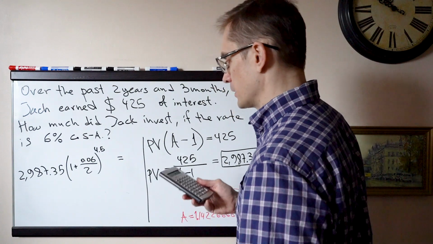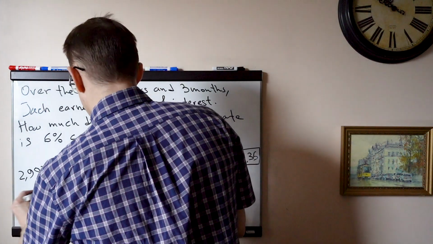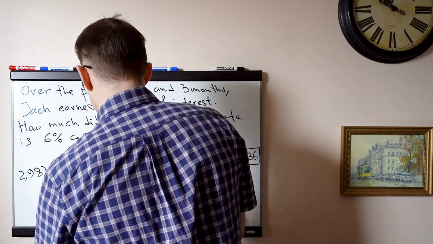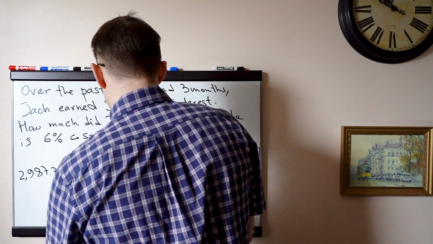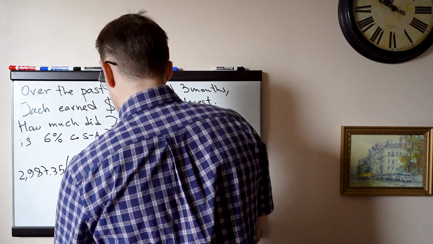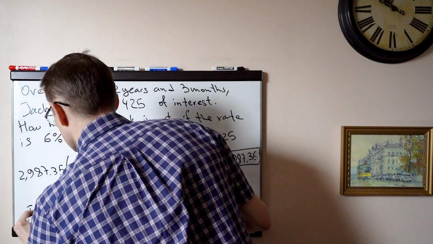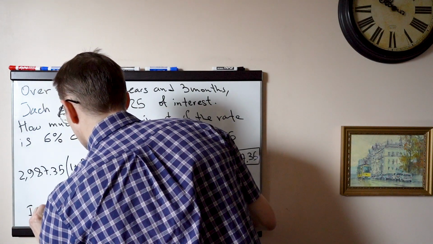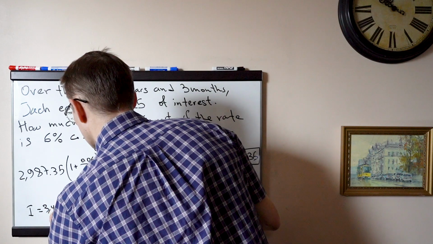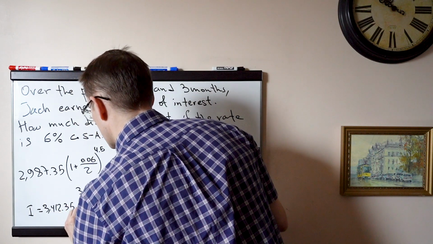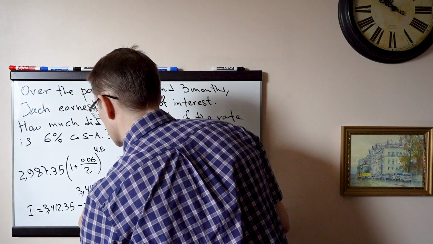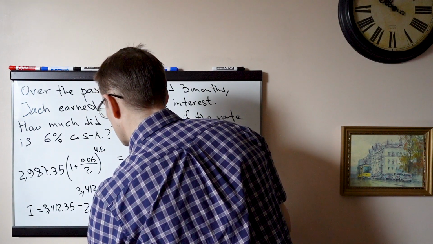Okay, so the future value is going to be 3,412.35. Now, what is interest? Interest is 3,412.35 minus 2,987.35.